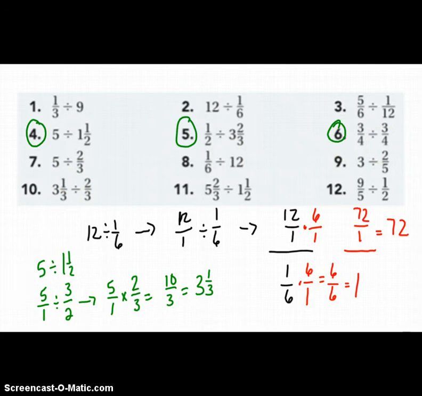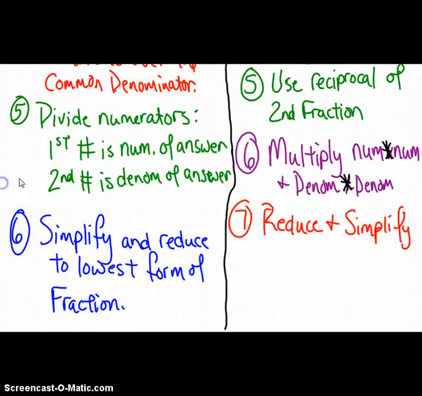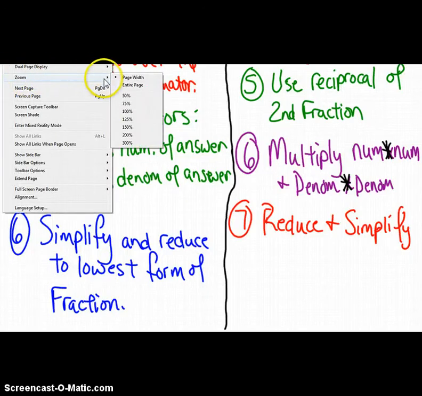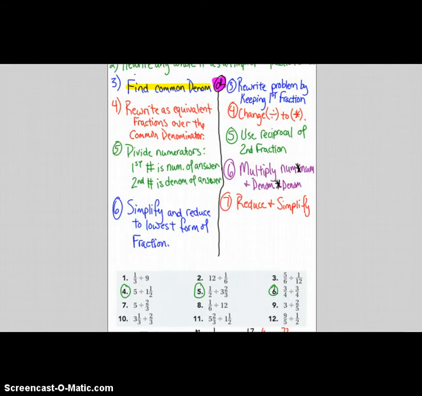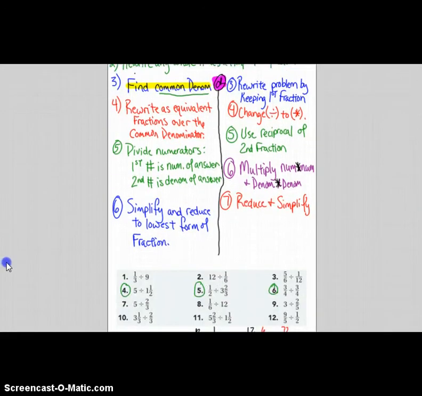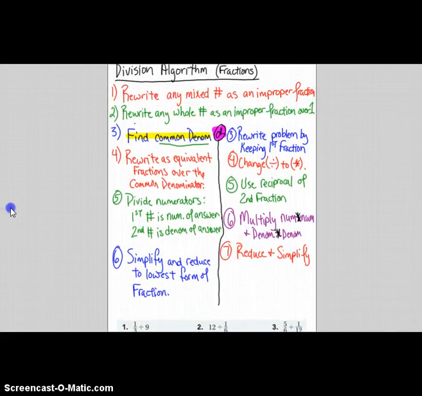I'm going to scroll back up here and zoom out of the page a little bit so you can see both algorithms. This algorithm is the common denominator algorithm, and this one over here, starting with step 3, is the multiplication by the reciprocal. Go ahead and get these into your spiral practice. Maybe do a few more than 5 and 6. You can go ahead and try 7, 8, 9, 10, 11, and 12. It's entirely up to you.